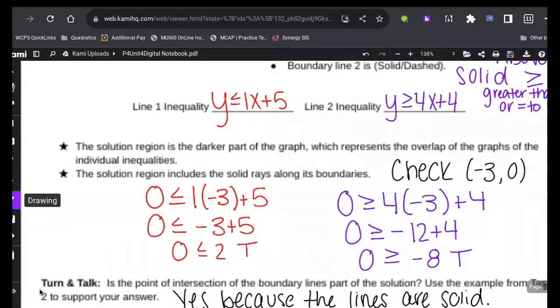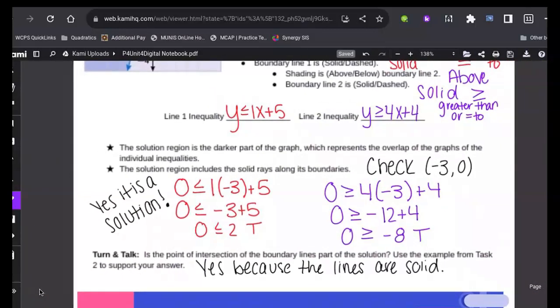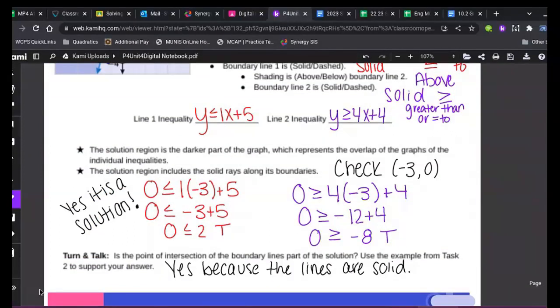Yes, it is a solution, because both inequalities were true. It has to be true for both inequalities to be a solution. So if the point is in the darker shaded region or on the solid line, the point is a solution. Today you're going to be in charge of writing the different inequalities and determining what types of points are solutions.